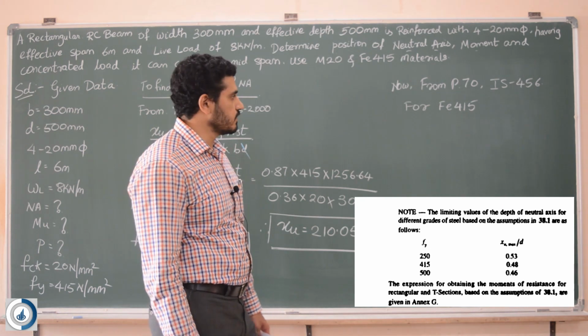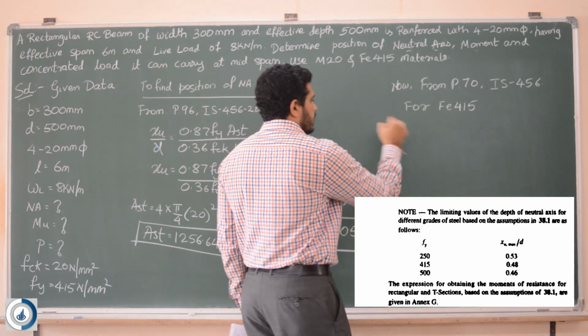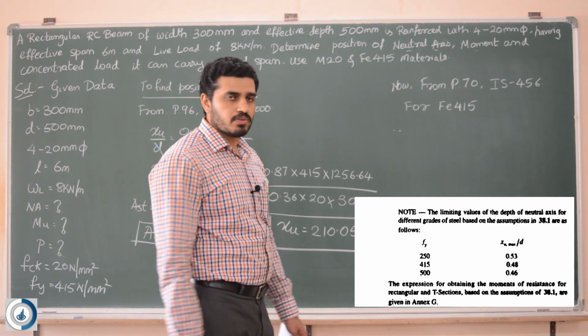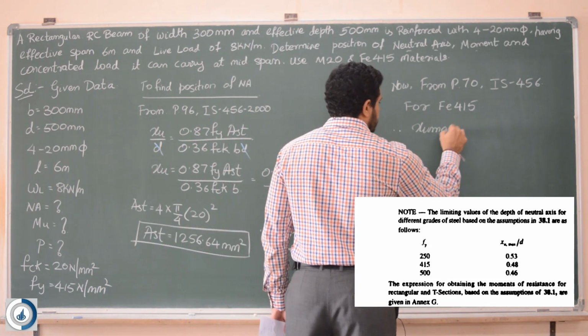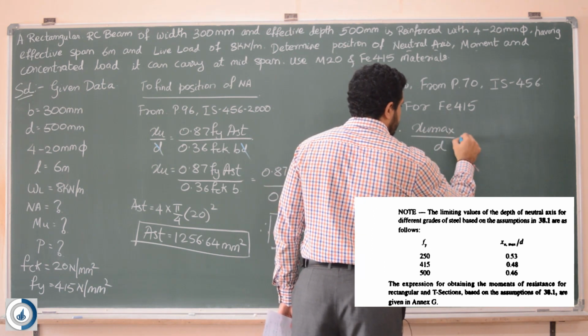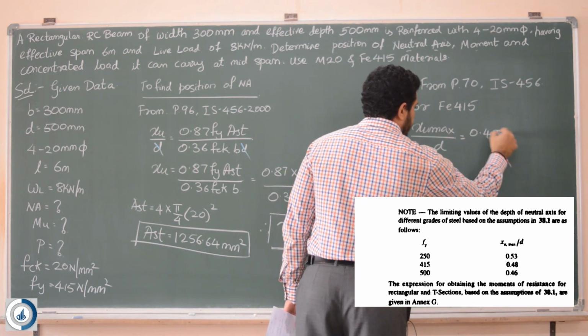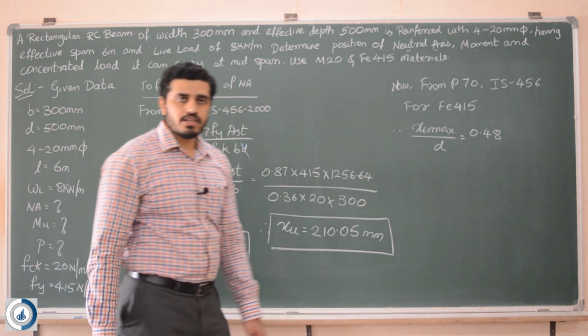We are using 415 grade, so you have to see the Xu max by d value for that particular grade. So Xu max by d is equal to 0.48. This is valid only for Fe 415.